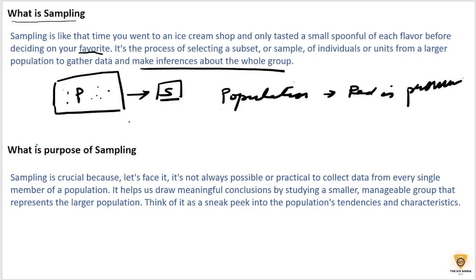And I don't go ahead and gauge the entire population. I'll just go ahead and pick a few samples from here, and then I go ahead and draw my inferences. This is called sampling. So, what is the purpose of sampling?